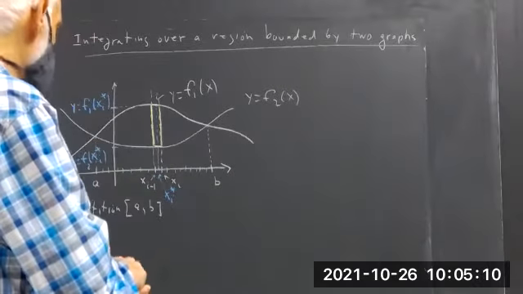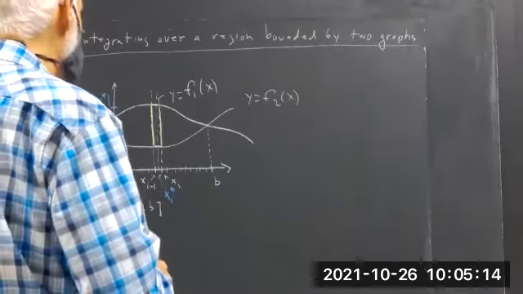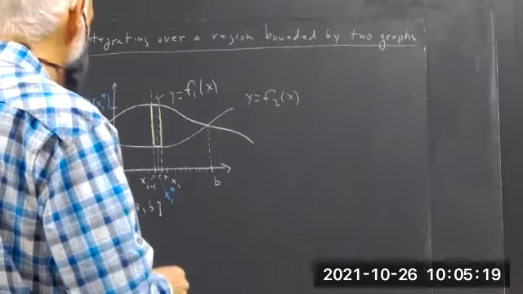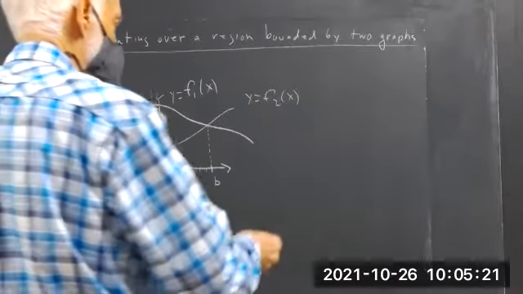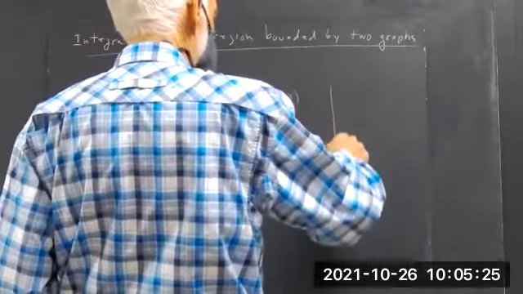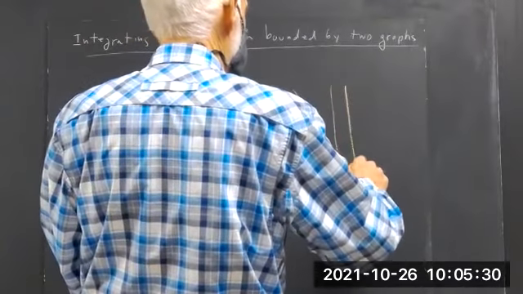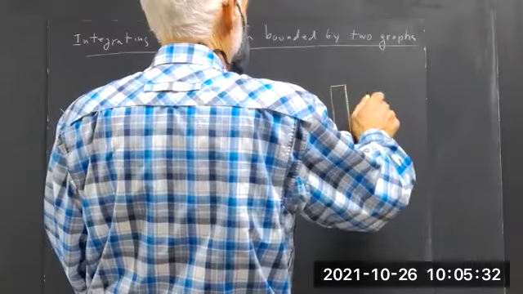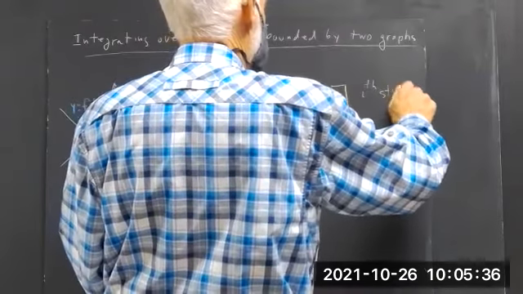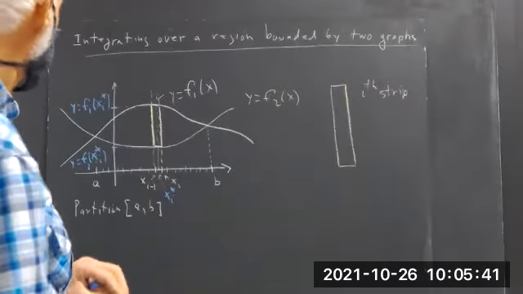So now we've got this strip here that's approximated. I'll draw a little bit of a picture of it over here. Okay, this is your ith strip.